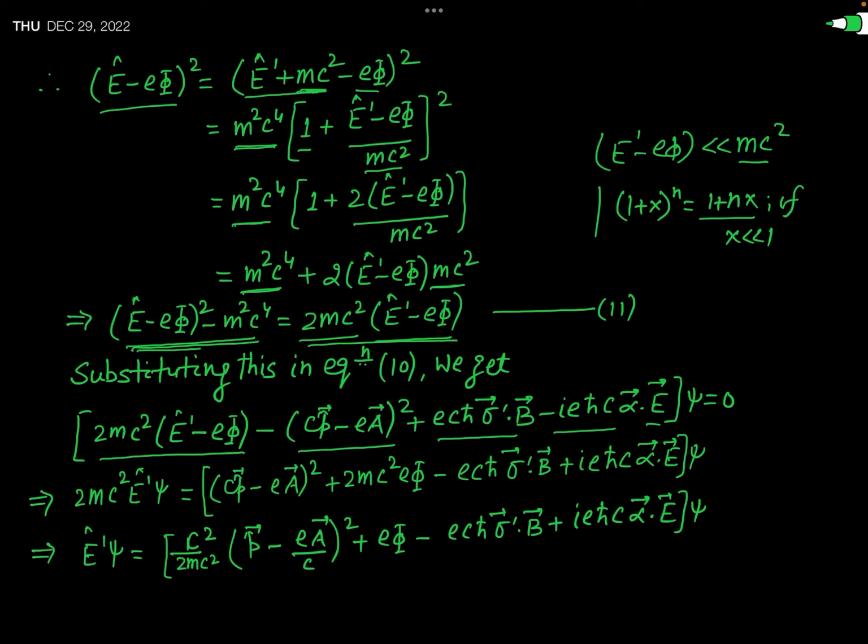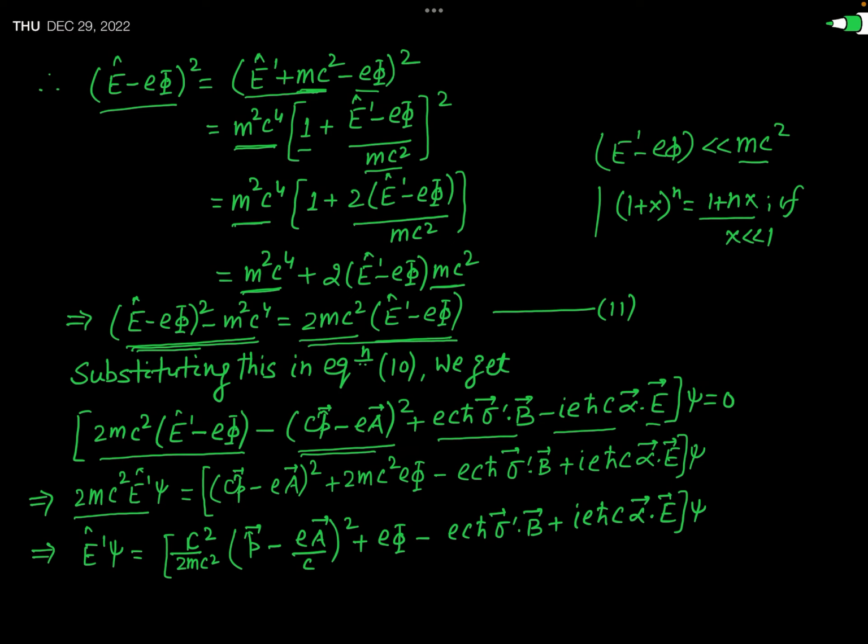Now take this term 2mc square E dashed, and the remaining terms will be written in the RHS. When you bring all the other terms to the RHS, the sign will just be reversed. So you can see, we can write this expression as 2mc square E dashed psi equal to what?